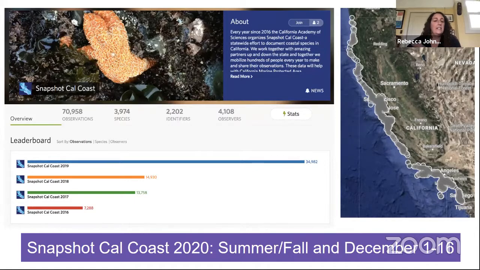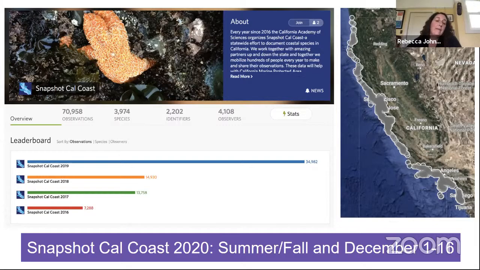So you can see this year is the 5th year of Snapshot CalCoast. These are all of the data that we've collected together. You can see the first year in 2016, we made just over 7,000 observations, and we were thrilled with this outcome. I think about 400 people made observations that year. But you can see how it's grown every year since.